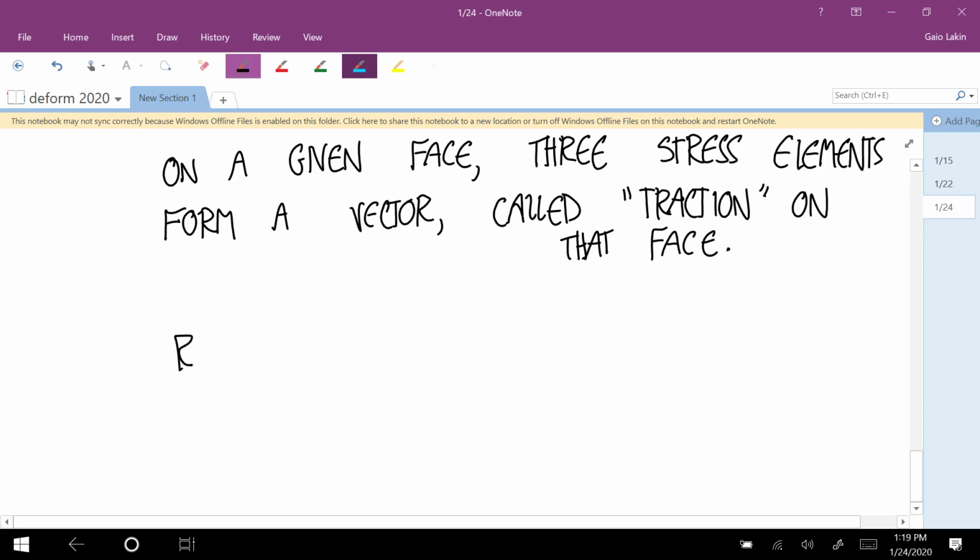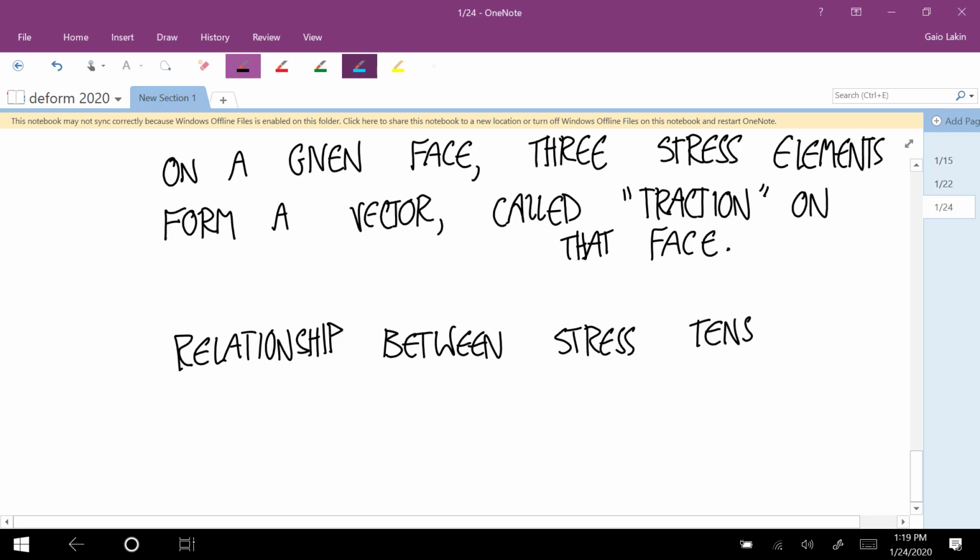So the relationship between the stress tensor and traction vectors.